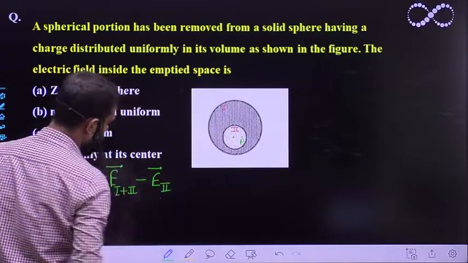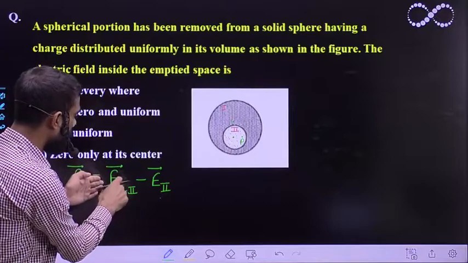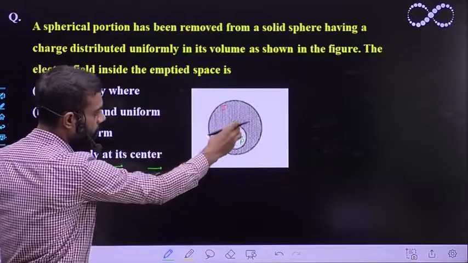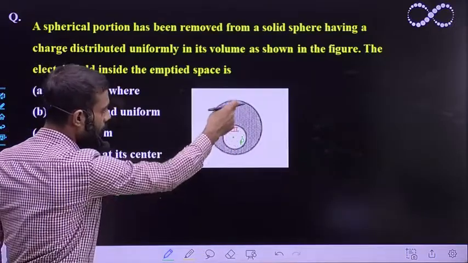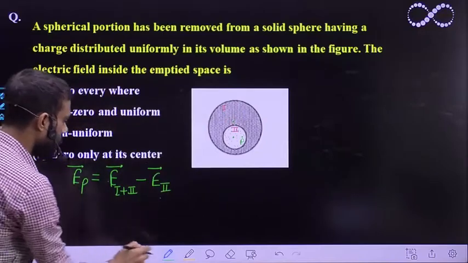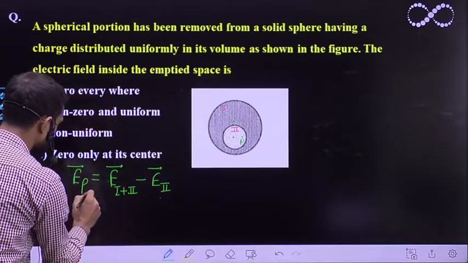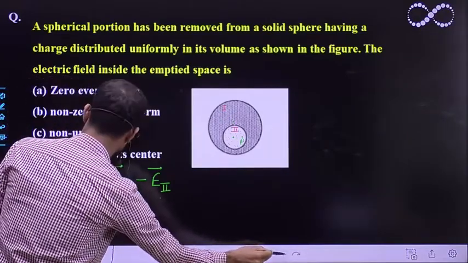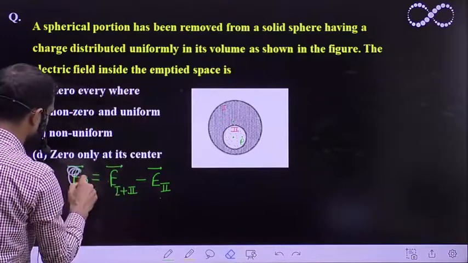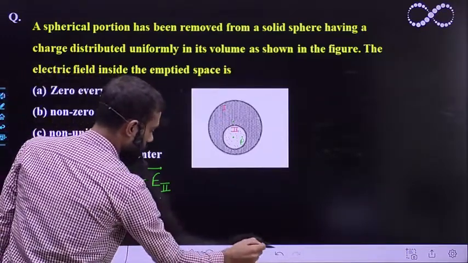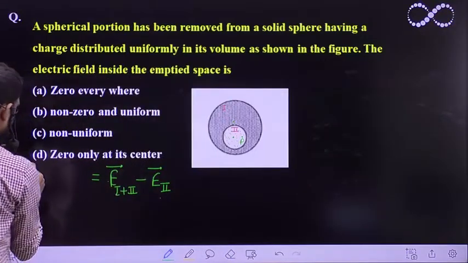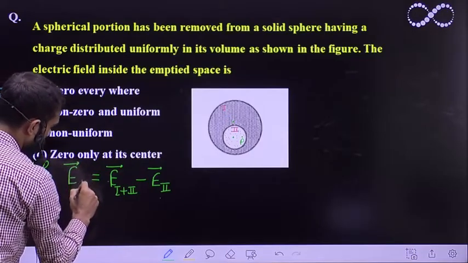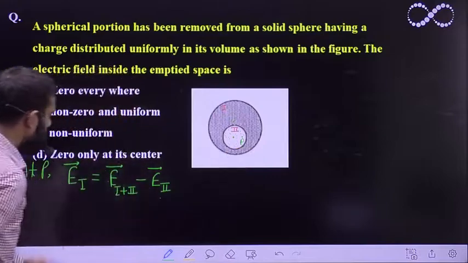If you subtract part 2 from the whole, then you will get the electric field due to part 1 only, at point P. So we will get the electric field due to 1, that is this part, and this only I need to find out.